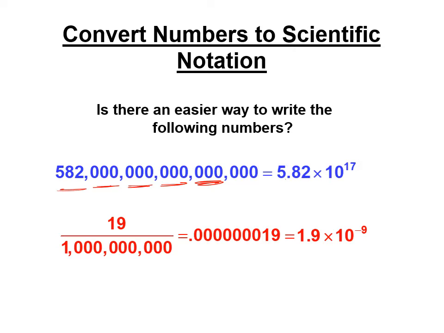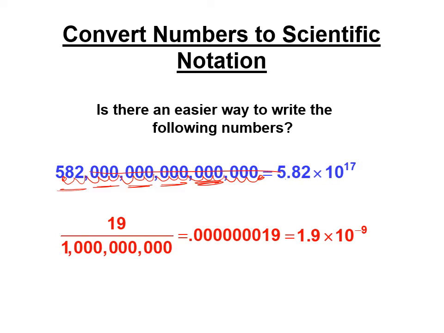And then it's not 17 zeros. It's how many times I had to move the decimal point. 3, 6, 9, 12, 15 zeros in this one, 16, 17. It's 10 to the 17th. I had to move that decimal point from where it started in 582 quadrillion to 5.82. And that way you get rid of all those zeros.